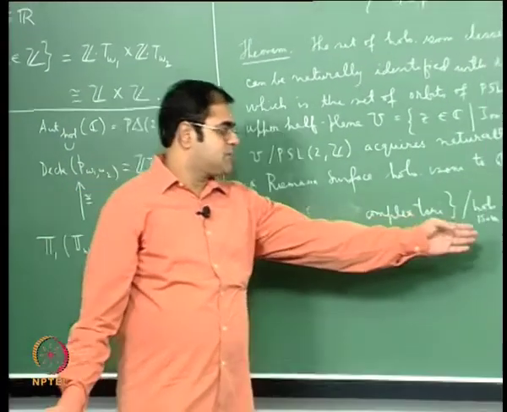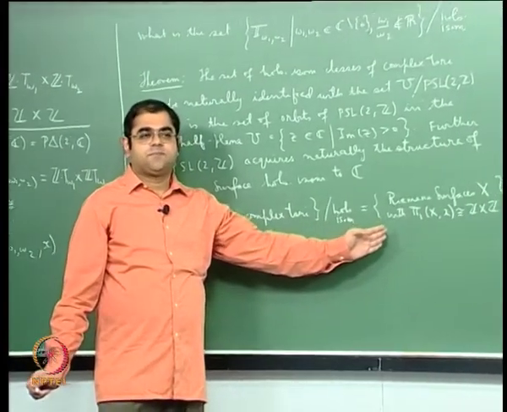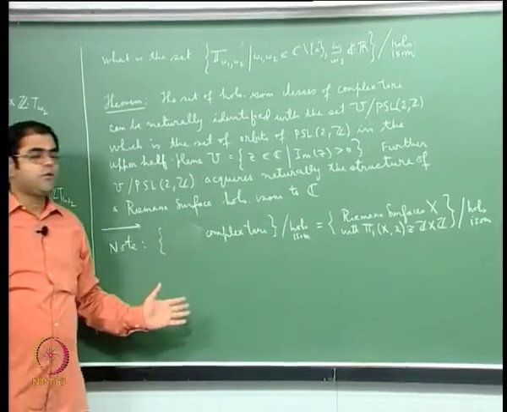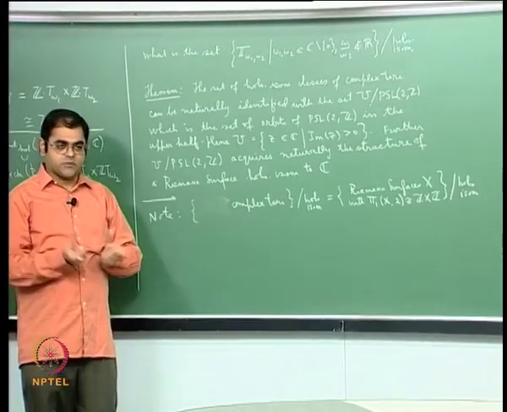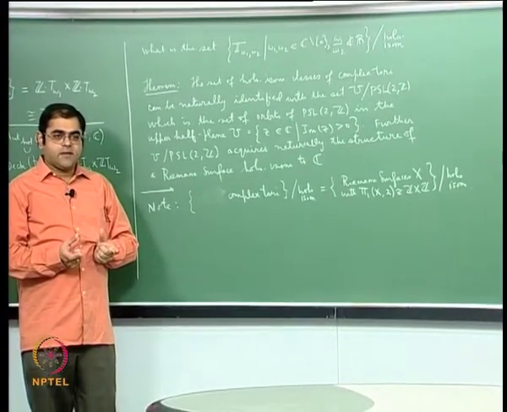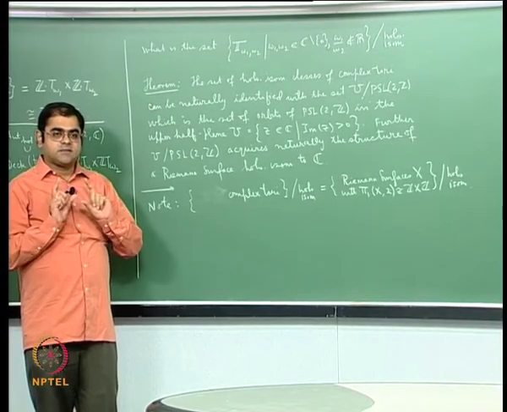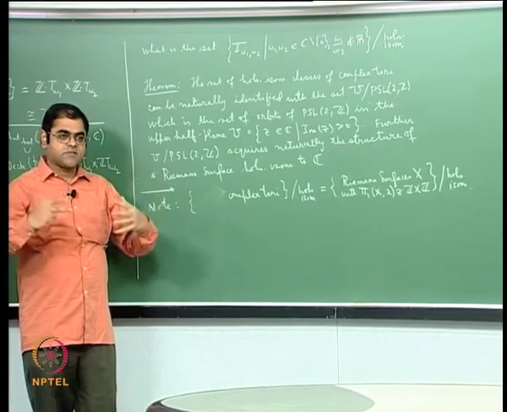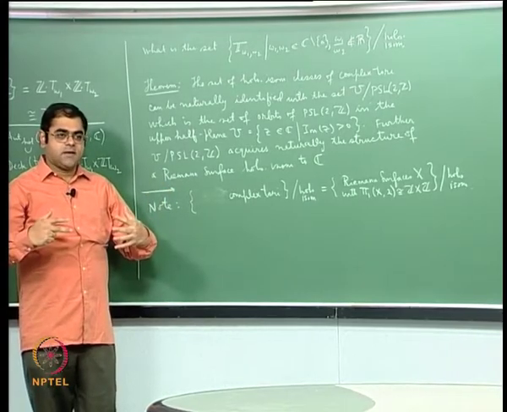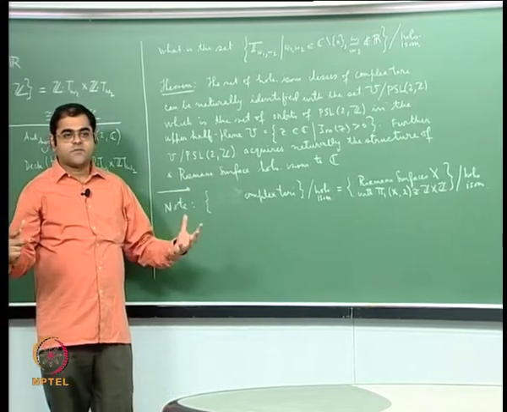In this sense what you are doing is you are looking at various possible Riemann surface structures that you can put on a real torus. The underlying structure is a topological real torus, and then you are looking at various Riemann surface structures that you can put on this and trying to look at how many non-isomorphic structures you get.